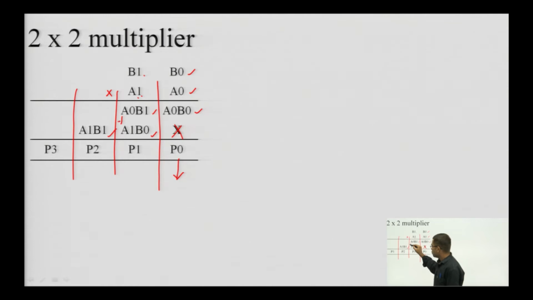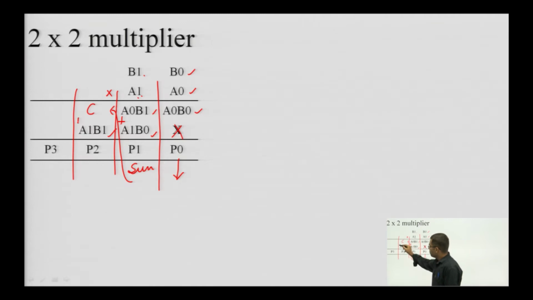There are two things to be added, and we will require a half adder to implement this addition of two numbers. The sum here will be p 1, and the carry which will be generated here will be transferred to the next stage. So, this will be my carry.